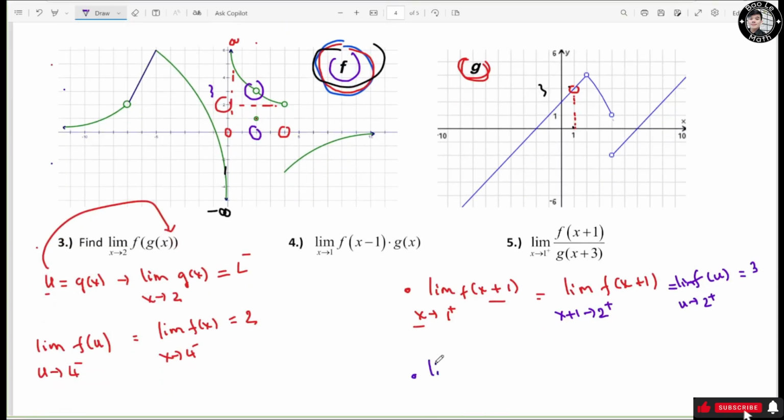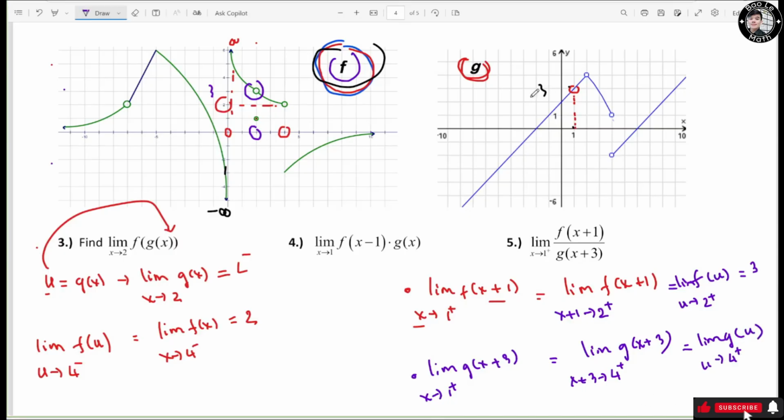Similarly, I have the limit of the function g of s plus 3 when s approaches 1 plus, and then it's going to be the limit of the function g of s plus 3 at 3 both sides, so s plus 3 approaches 4 plus, right? So it could be the limit of the function g of u when u approaches 4 plus.